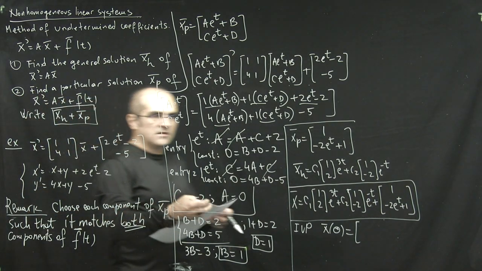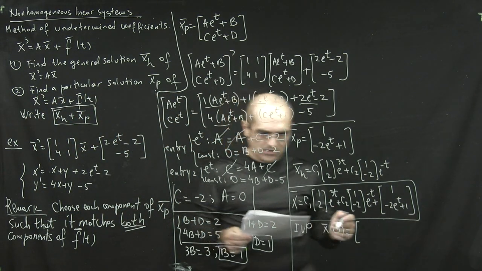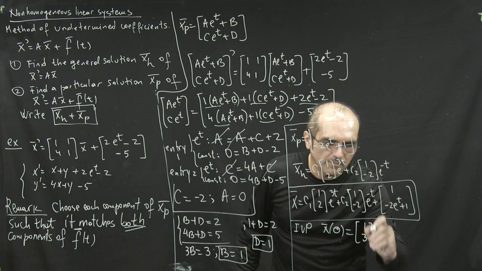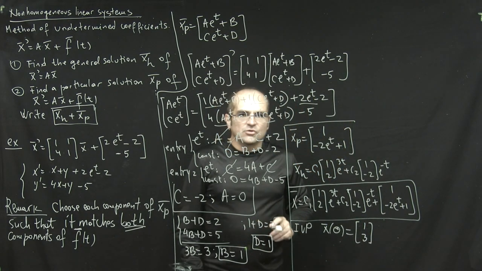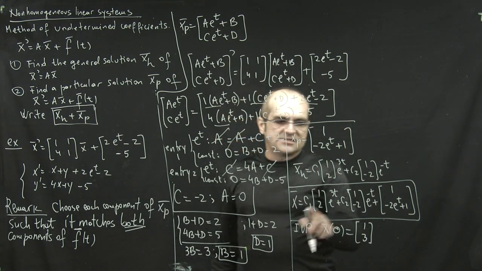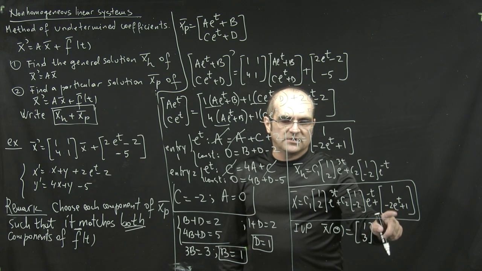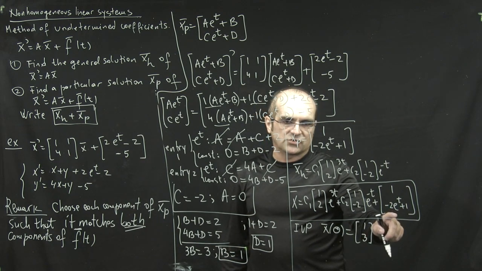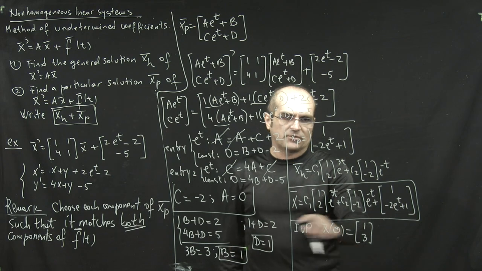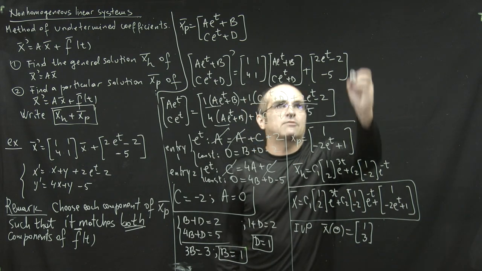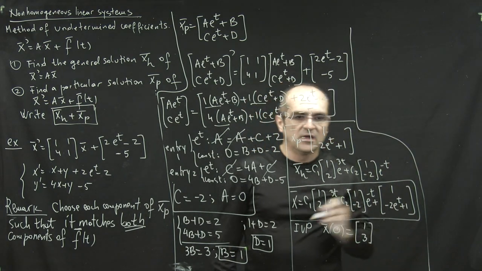So let's say x of 0 equals (1, 3). Okay, so you deal with that at the end to find C1 and C2, and then don't forget to also take into account this part of the solution when you set up t equals 0. So you have to be careful with that, right? So let's do this little system here.